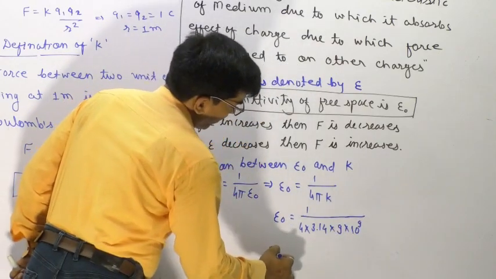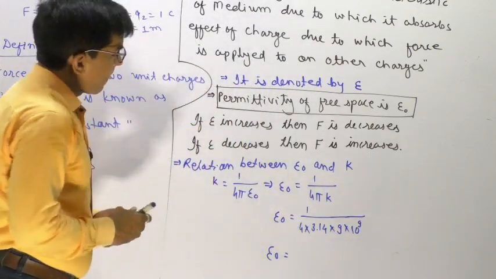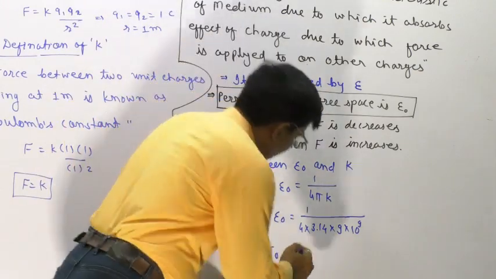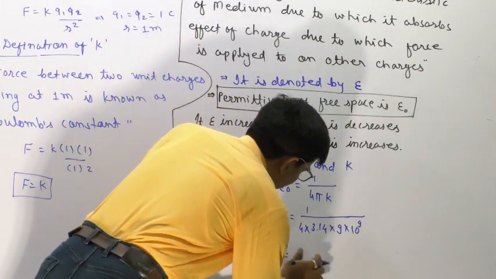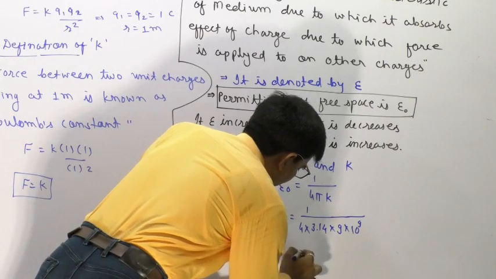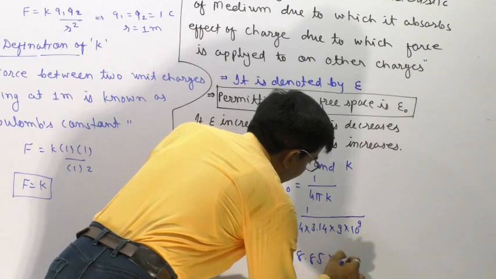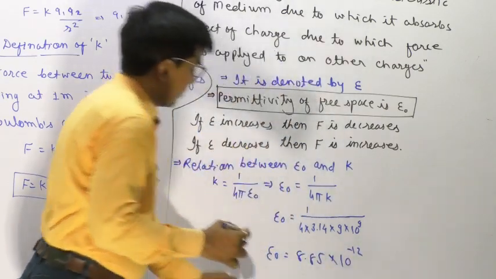The value of epsilon naught is 1 upon 4 into 3.14 into 9, therefore 8.85, rounded to two digits, into 10 to the power minus 12.